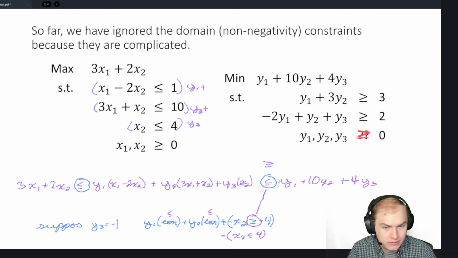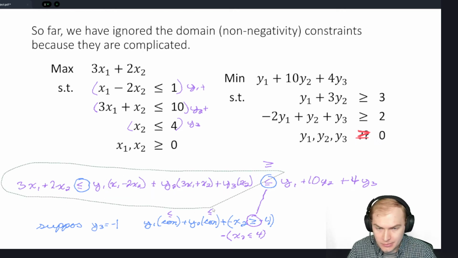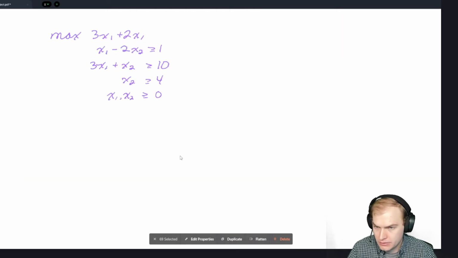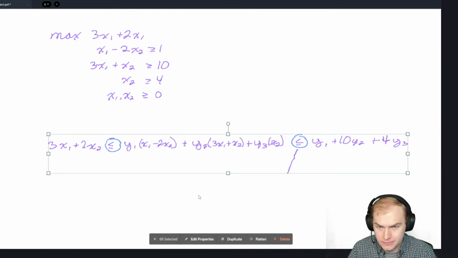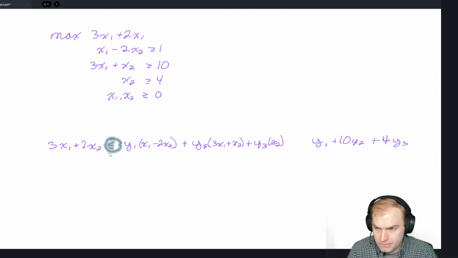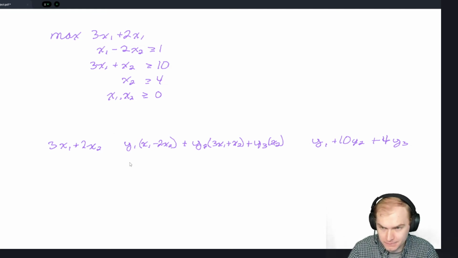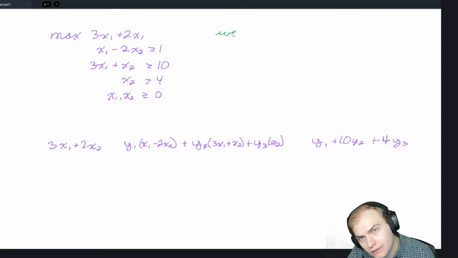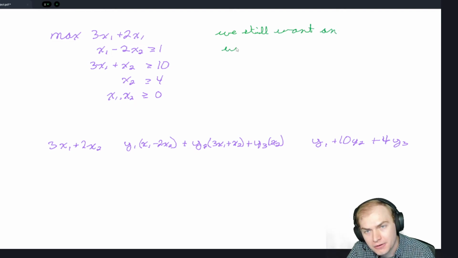Let me grab this fella, plunk him in here. Now, here's the thing. We still want an upper bound.